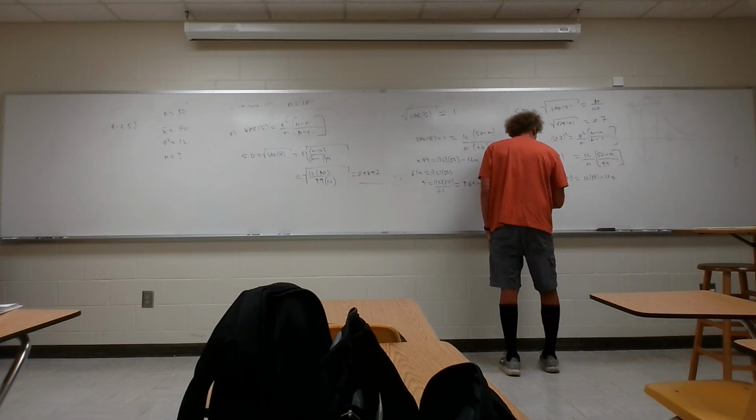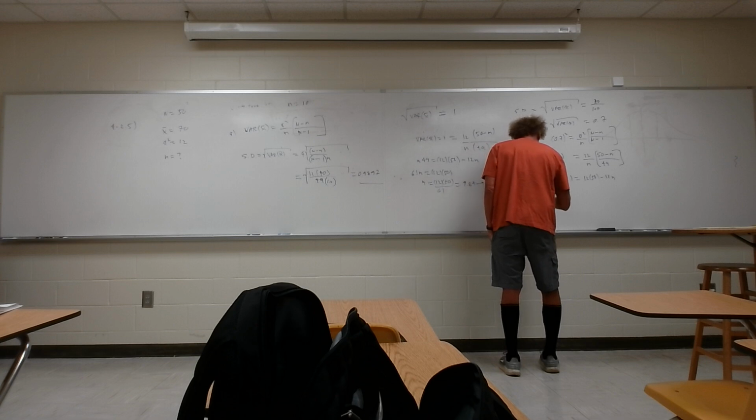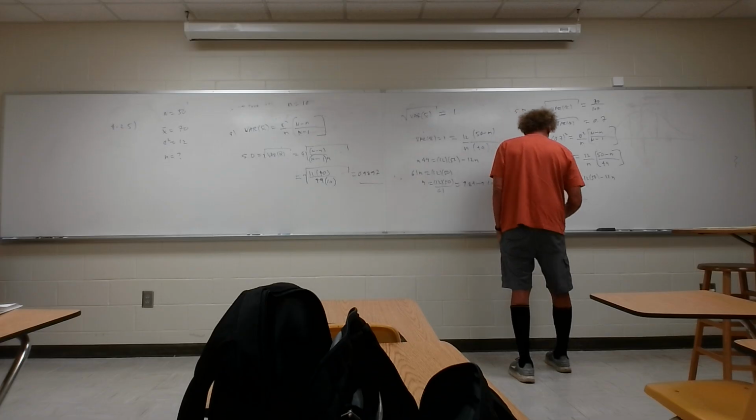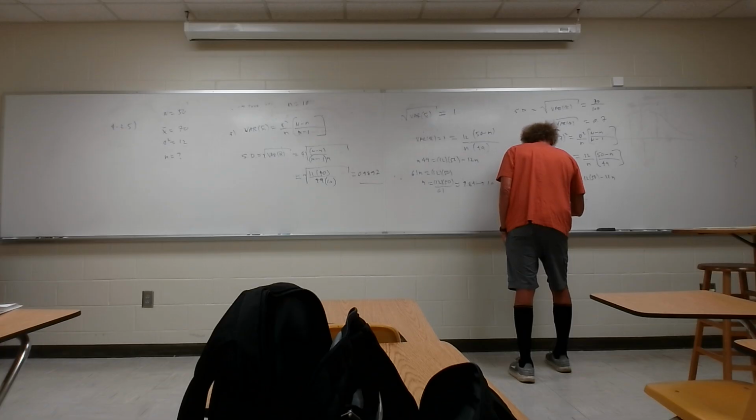Take it to the other side, so we've got n equals 12 times 50 over 12 plus 49 times 0.49.